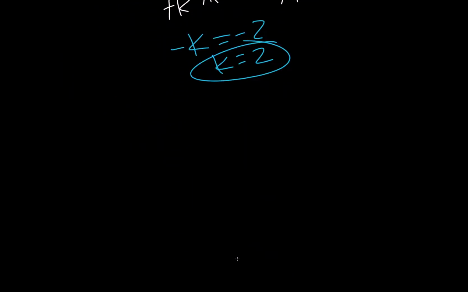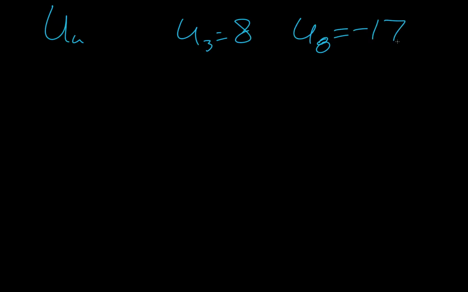So now let's move on to example 4. It says find the general term formula u sub n. So find u sub n for an arithmetic sequence with u3 equal to 8 and u8 equal to negative 17. Okay, so we're going to create a couple different formulas.